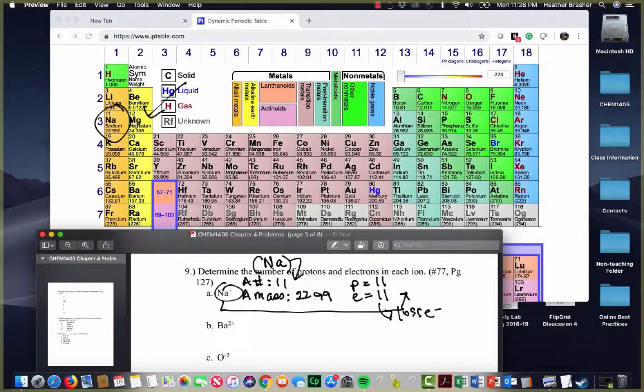So the number of protons you have remain, right? It's going to be 11. So I'm going to write it down here. Well, 11 protons, right? And you're going to lose, we're at +1 here, right? So we're going to minus 1 electron. So that gives us down to 10 electrons. And that makes us have a positive +1 charge. So that's how you figure it out. Let's try another one.